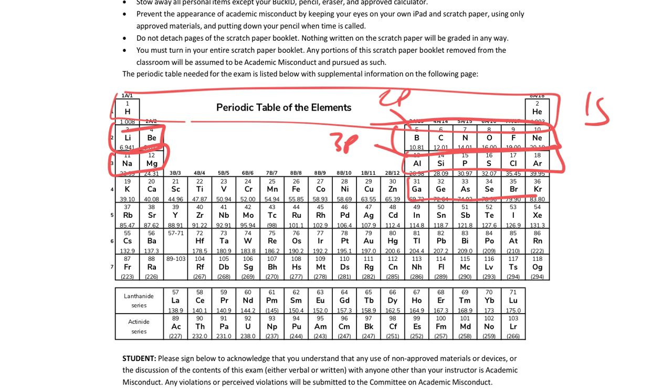So this would be the 4p here, but we don't get to the 4p until we get across the 4s, the 3d, and then the 4p, 5s, 4d, 5p, 6s, 4f, 5d, 6p. This might have seemed tricky last week, but hopefully you get this pattern.